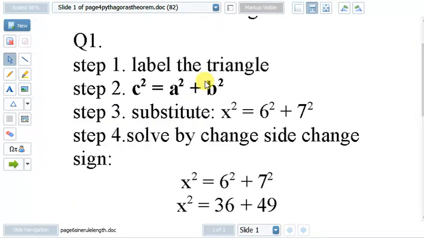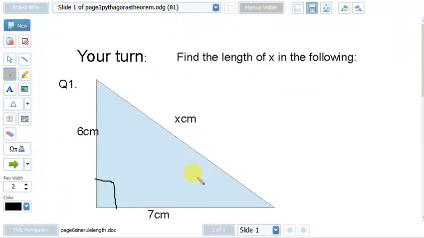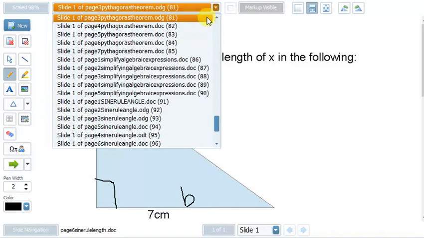Okay, so question 1, and we label the triangle C, A and B. Okay, so let's just go back to that one and label. So the side opposite the right angle is always C, and we're going to call that one there A and that one there B. So A is 6 and B is 7.